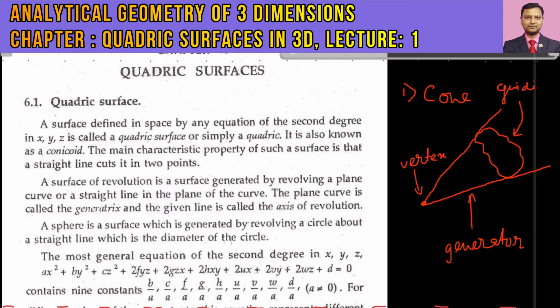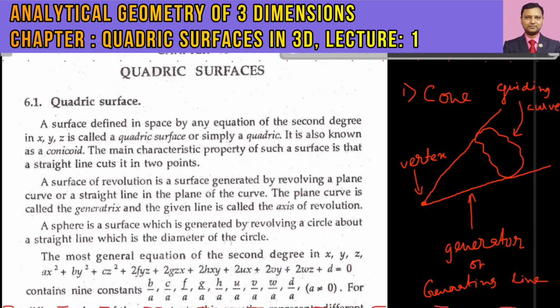And this straight line is called the generator or generating line. So these are the definitions related to a cone.